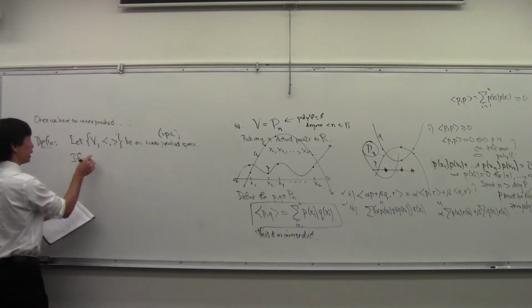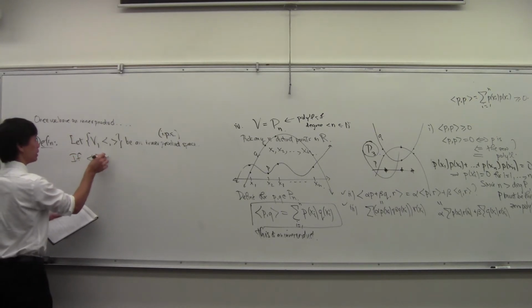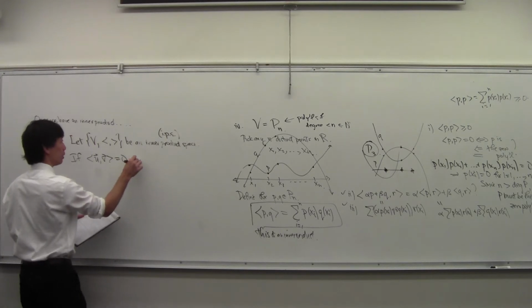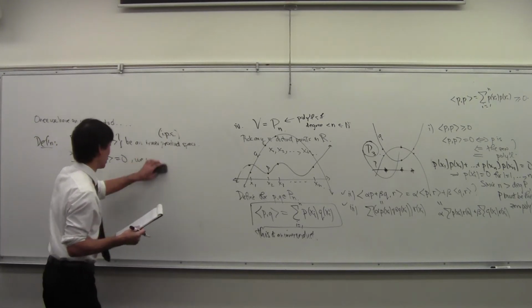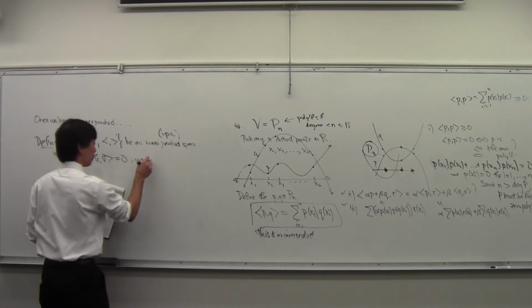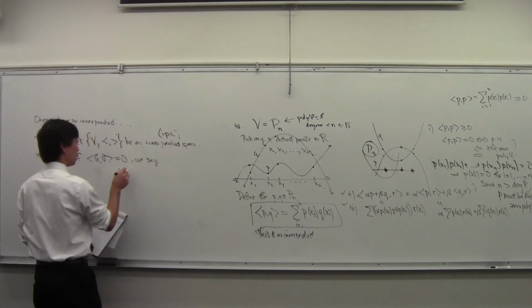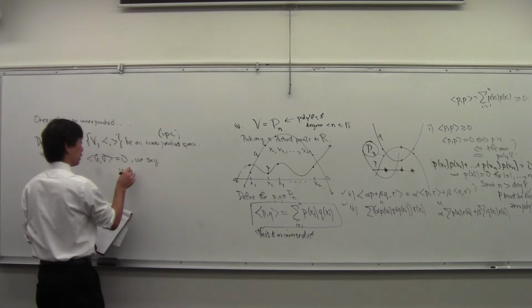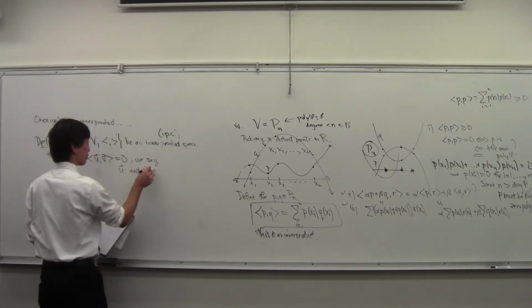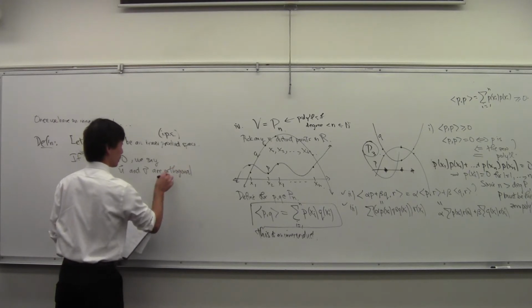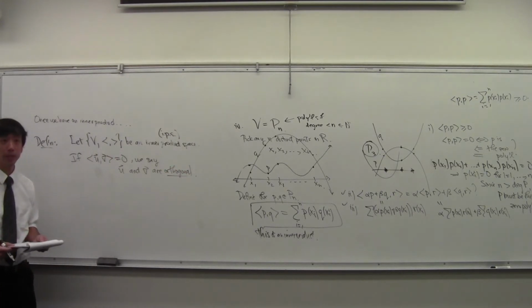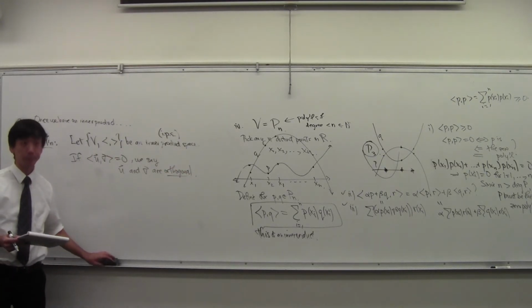If the inner product of two vectors is 0, we say that U and V are orthogonal.